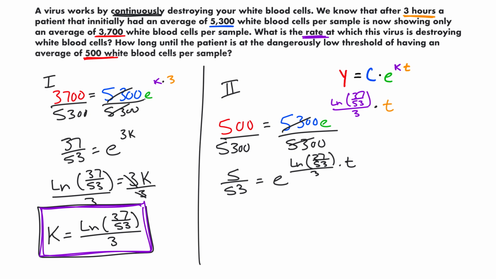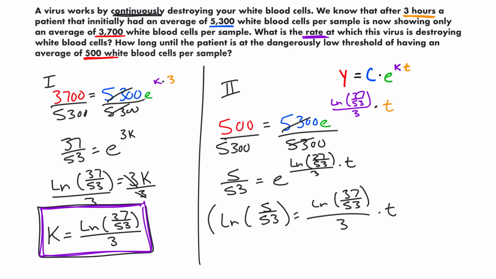So I'm just going to convert this from exponential form to logarithmic form. This is going to turn into the natural log of 5/53 is equal to the natural log of 37/53, all divided by 3, times t. Multiply both sides by the reciprocal, which is 3 over the natural log of 37/53.